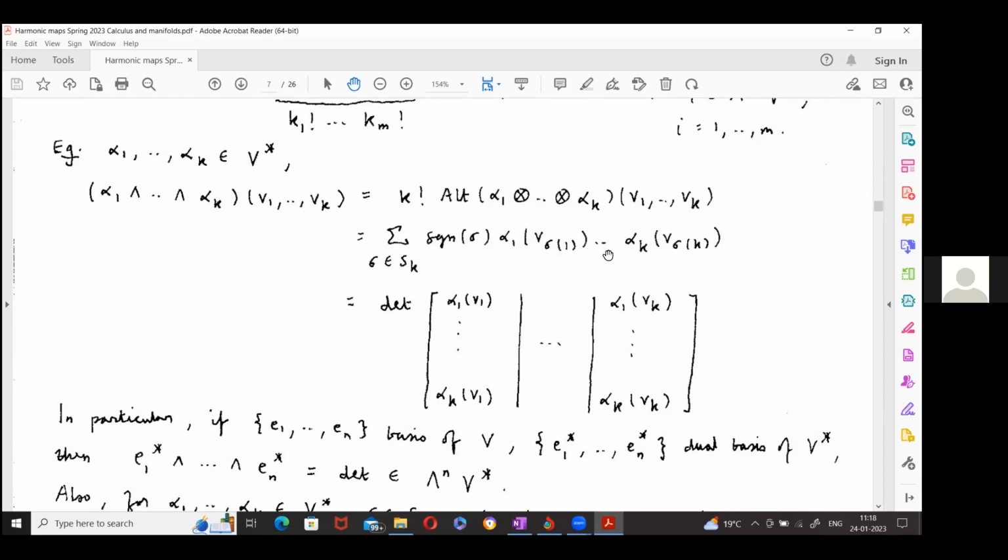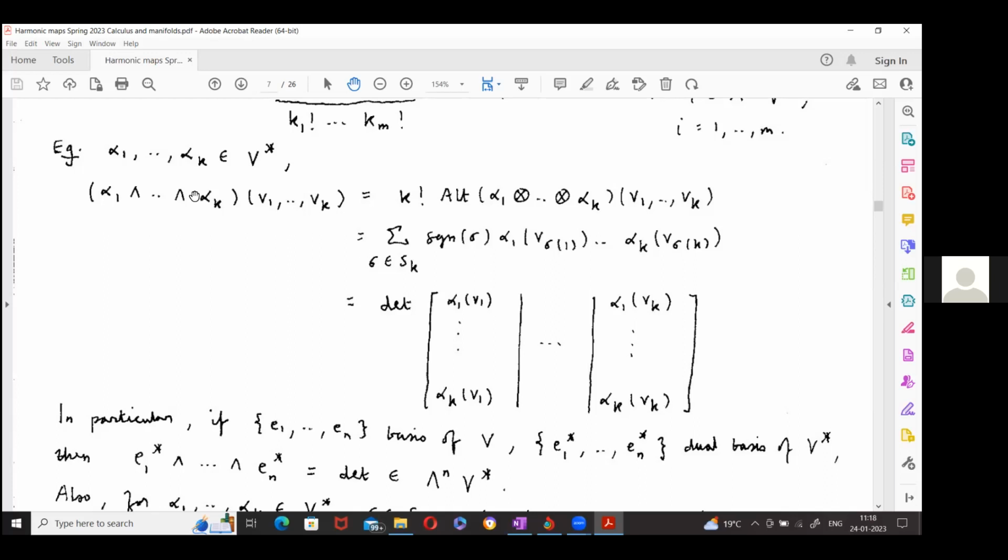Now, you can see this is from the definition of determinant. This is the determinant of the following matrix: the matrix whose columns are alpha 1 up to alpha K acting on V1, and then alpha 1 up to alpha K acting on Vk. Right?